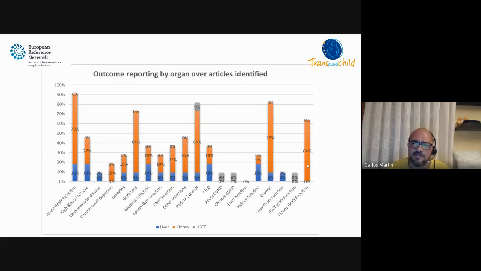As you can see, there are 3 outcomes that are only reported by studies of hematopoietic stem cell transplantation, as are acute graft versus host disease, chronic graft versus host disease, and graft function. And the rest of the outcomes are more or less equally represented in a very similar way as they are in the distribution of organs.